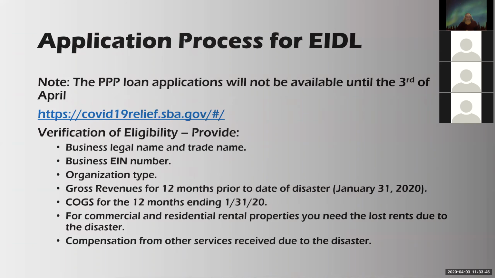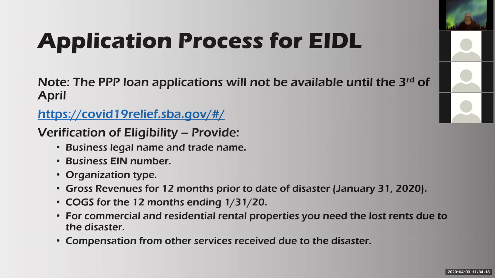But it's not near as much as what it is for the PPP loan, because for the PPP loan, you have to have your proof of your payroll, all of your financials and all that stuff that Ryan had mentioned earlier. Whereas with this one, you don't have to have all of those proof things right up front. Now they are going to ask for them eventually, so make sure you have your financials ready.